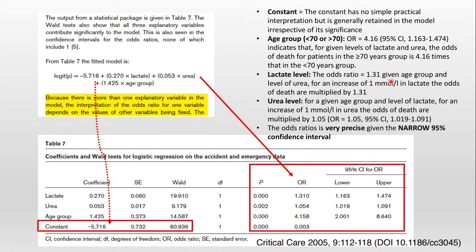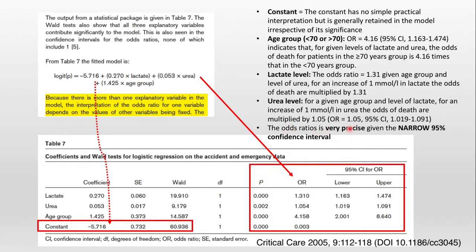Their lactate level was 1.31. That tells us that for every 1 millimole increase in lactate, the odds of death increased 1.3 times. You can see the same thing for urea levels. For every 1 millimole increase, the odds of death increased by about 5%. This is probably about a 31% increase in the odds of death.